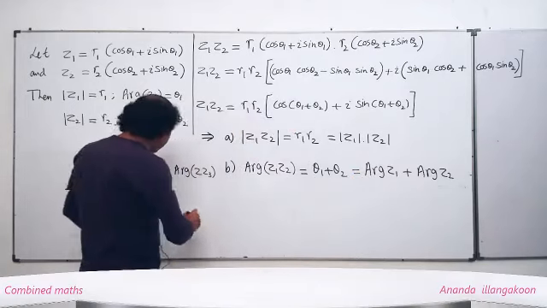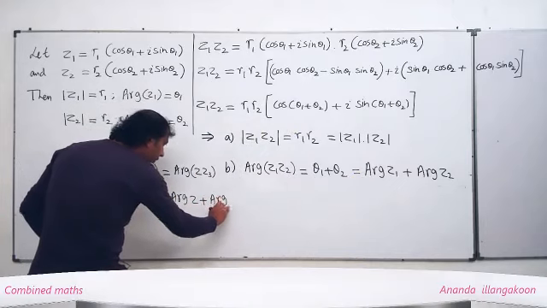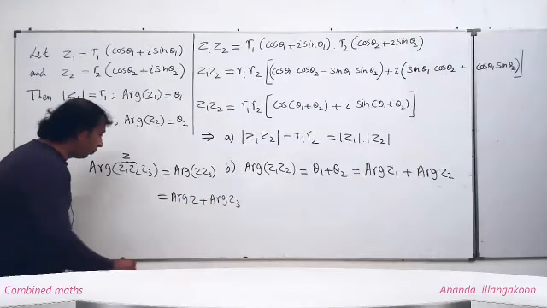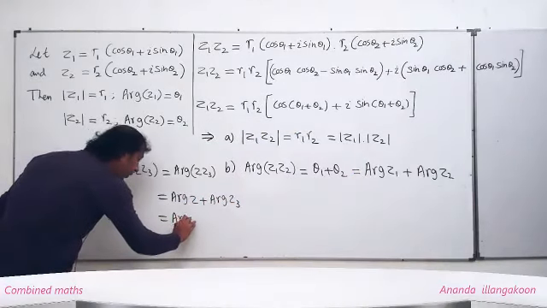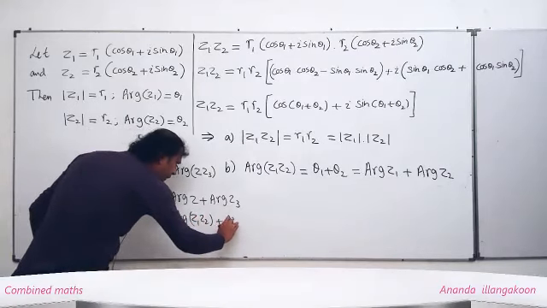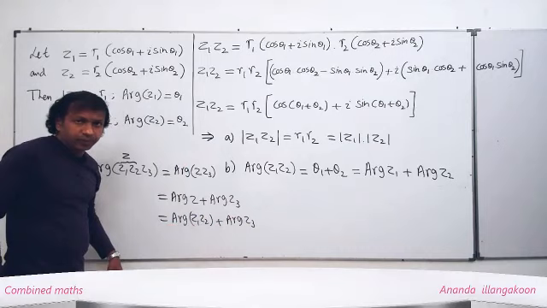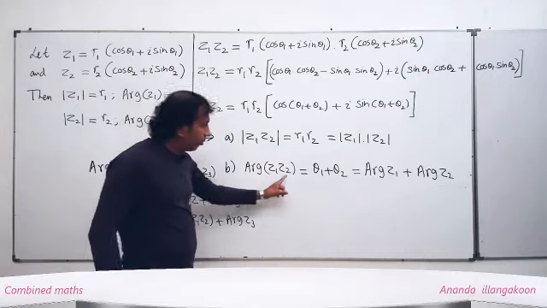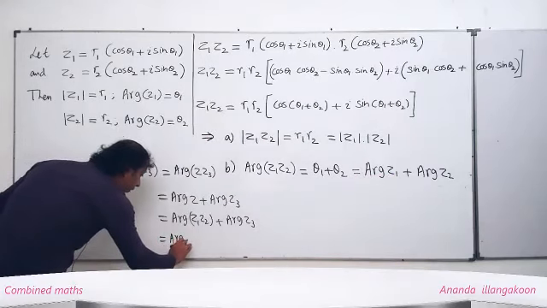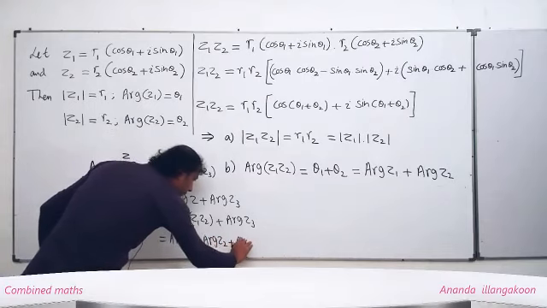Then I can write this is equal to arg Z plus arg Z3. But now Z is Z1 Z2, so arg(Z1 Z2) plus arg Z3. Here the product of two complex numbers is available, so its argument again we can write using this result: arg Z1 plus arg Z2, and then arg Z3.